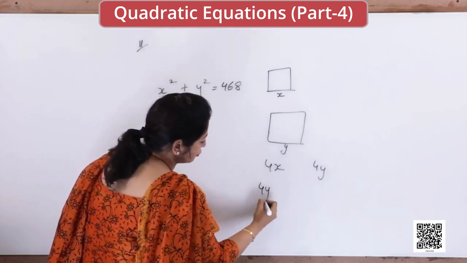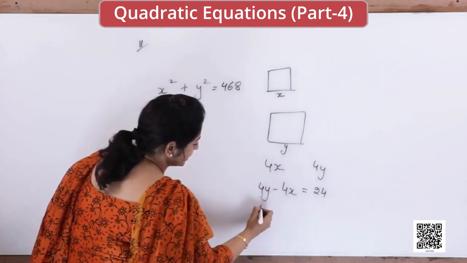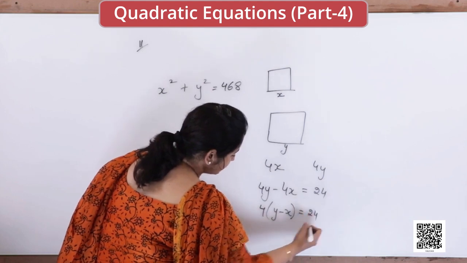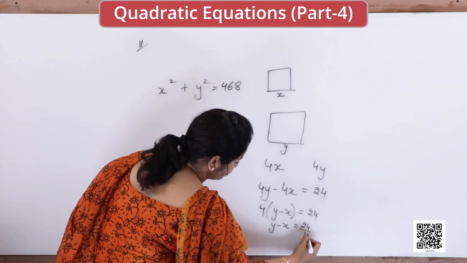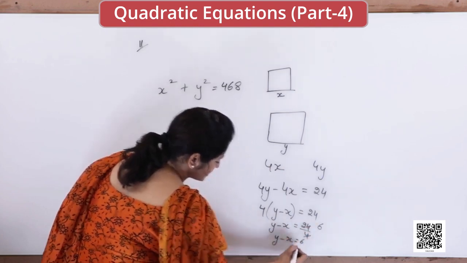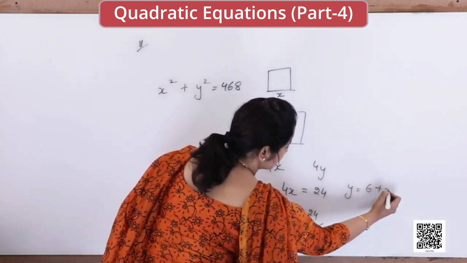So, we will write 4y minus 4x is equal to 24. Taking 4 as common, we will have y minus x is equal to 24 upon 4, that is 6. If y minus x is equal to 6, then y will be equal to 6 plus x.